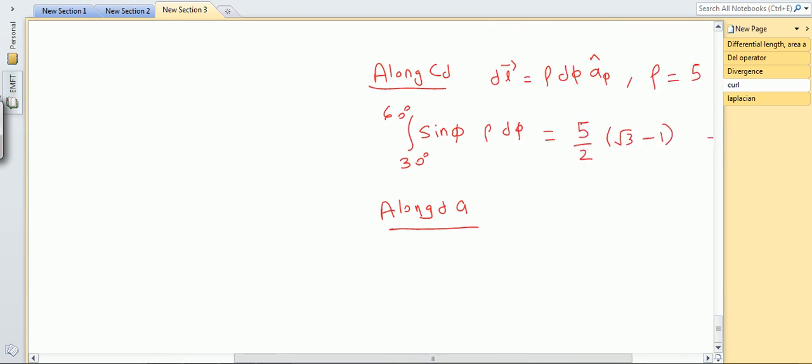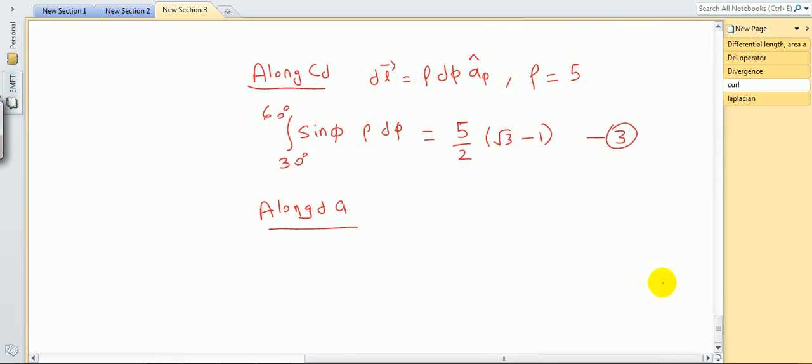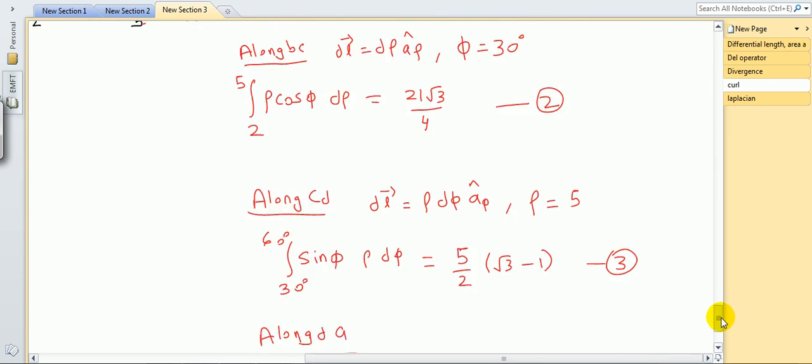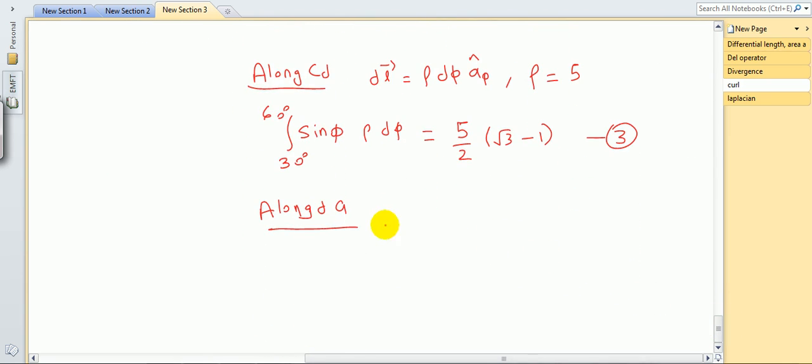So I can use the rho component which I have used for the BC, that is rho cos phi, and the DL vector will be d rho A rho cap. So I can use the rho component only, and phi is 60 degree for the path DA.